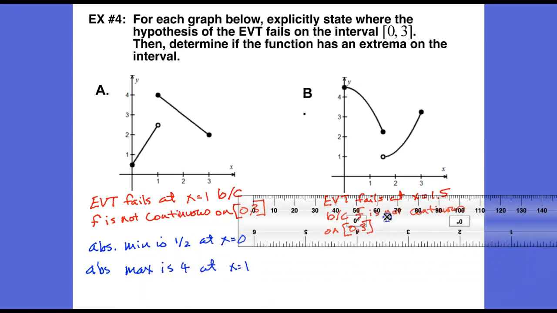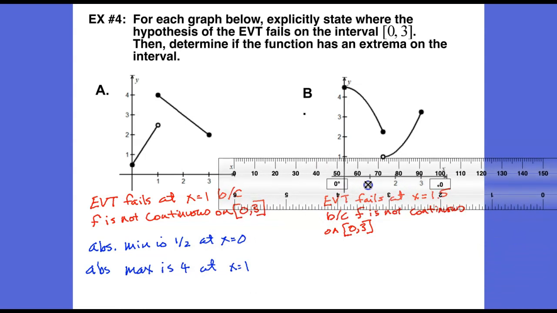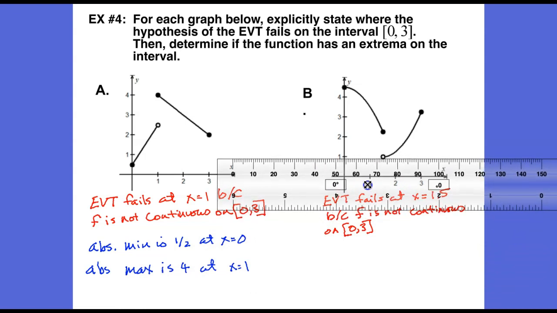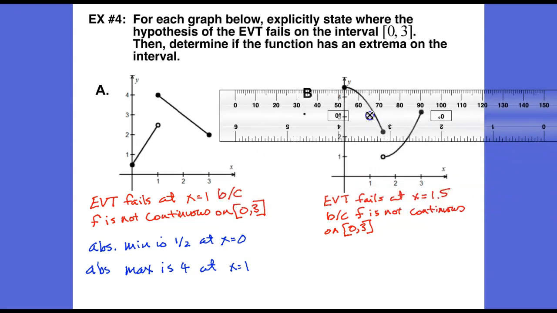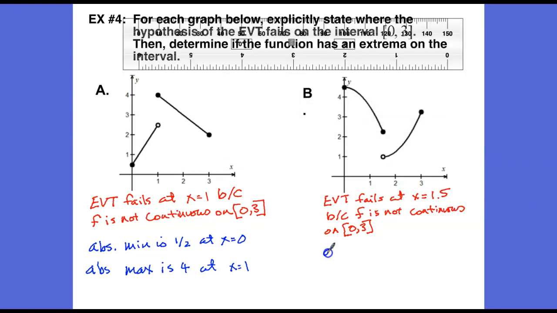Well, the lowest possible point doesn't exist because it's a hole in our graph. You have an absolute maximum, however, located at x equals 0. So let's say that our absolute max is 4.5 at x equals 0. And we can say that our absolute min is 1, located at 1.5. The problem is that point does not exist.